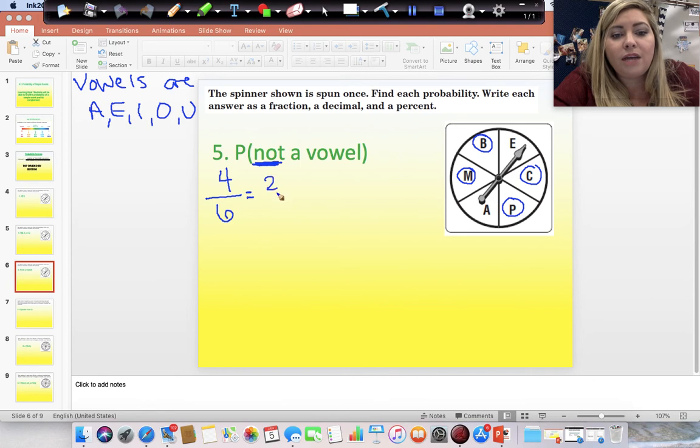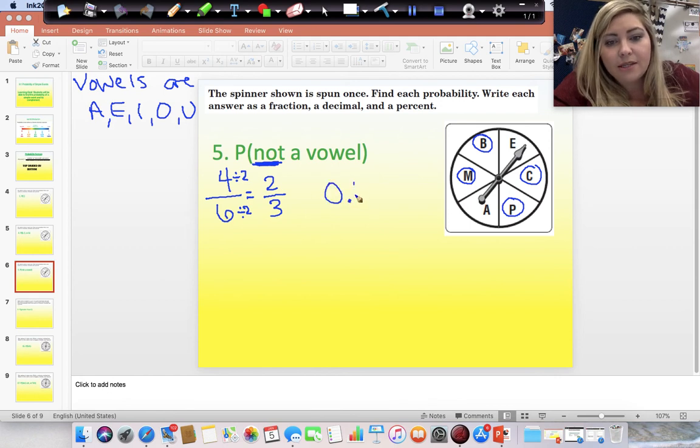That reduces down to 2/3 because we can divide the top and bottom numbers by 2. 4 divided by 2 gives me 2, and 6 divided by 2 gives me 3. So 2/3 is my fraction. To get our decimal, we're going to divide top by bottom, and that gives us 0.66, repeating decimal.